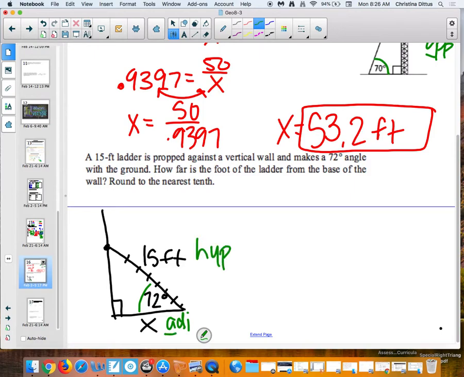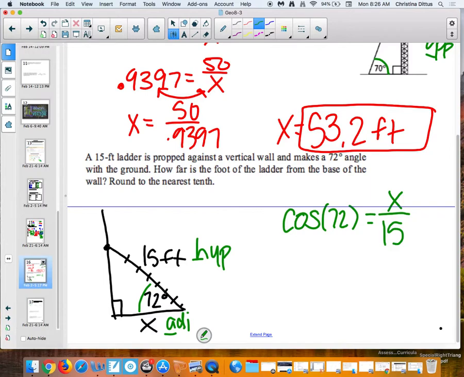I got cos, aka cosine. Cosine of what? 72 equals what? X over 15. We like these because x is on top, so it makes it easy.